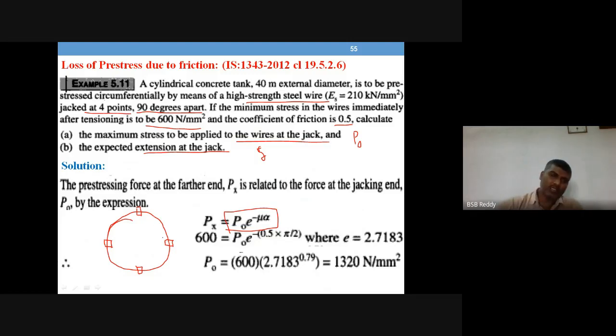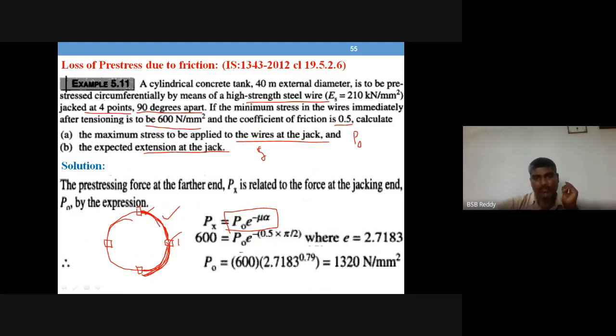If you consider any one of the jacking points, say this one, this will be the length of the tendon, only this part of the tendon. If this is the jacking end, this becomes the unjacked end. Same way this part also, this is the jacking end, this becomes the unjacked end. So if you just calculate for one part of the cable, that is similar for all the other 3 parts of the cable.